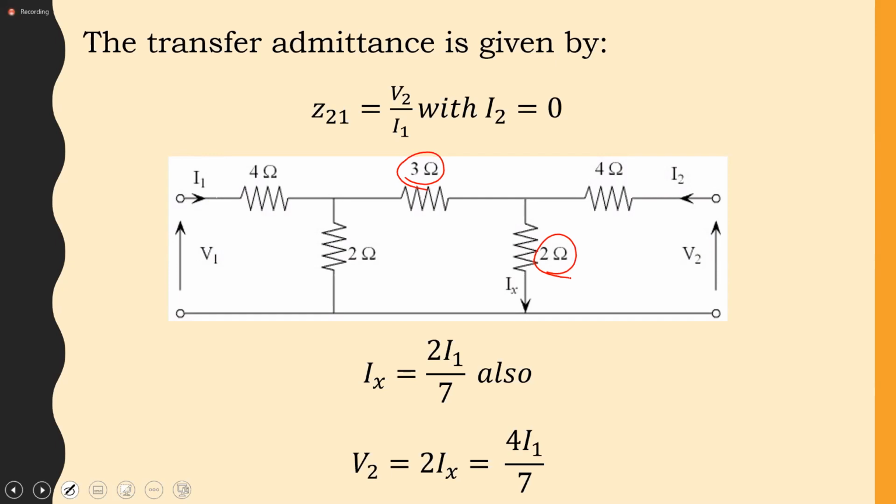The current that comes here, you just said it divides between those two branches. Yes? Yes, sir. If the current is dividing, then how are they connected? They're connected in parallel, sir. Yeah, so I'm doing current division between this and these. Yes, sir, but usually in current division, wouldn't we sum them in parallel?